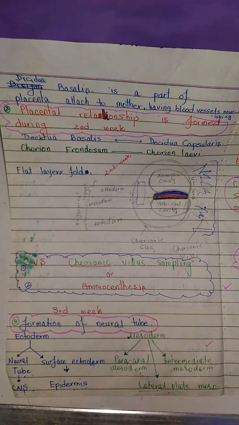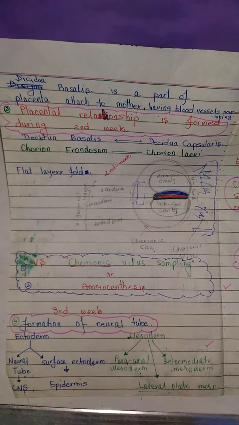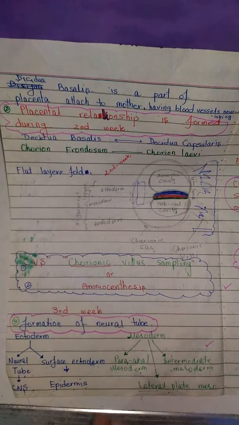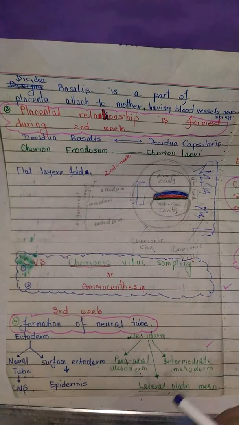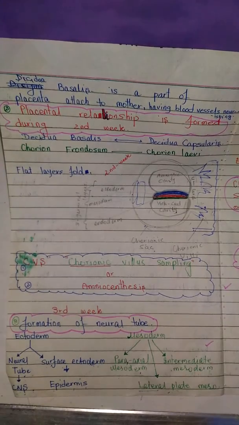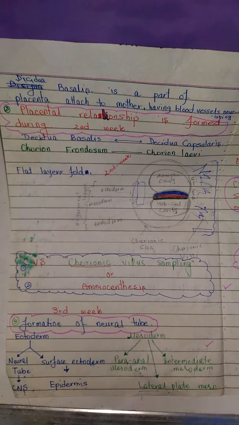A needle is inserted through the abdomen of the female, goes to the uterus, crosses the amniotic sac, takes a sample of amniotic fluid and comes out. This amniotic fluid is used to analyze and check whether this embryo will later in its life suffer from some genetic disorder, like Down syndrome.